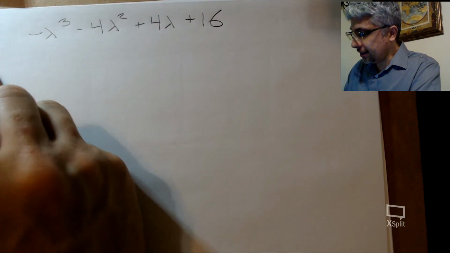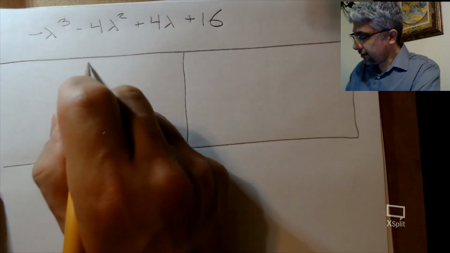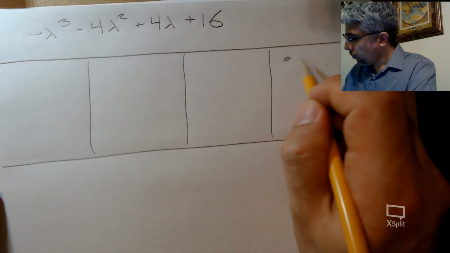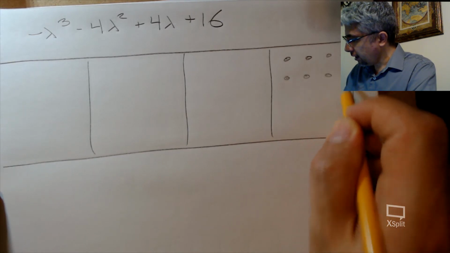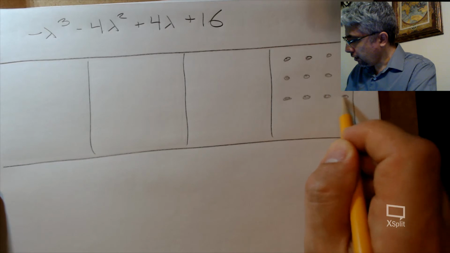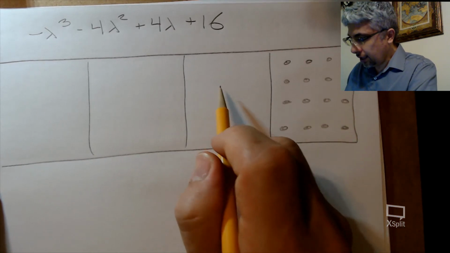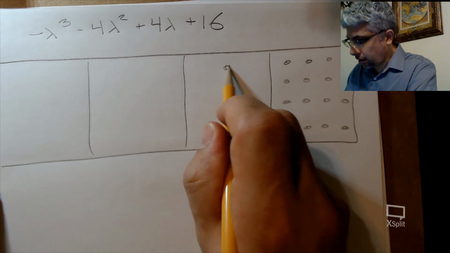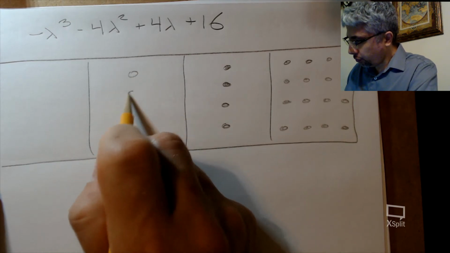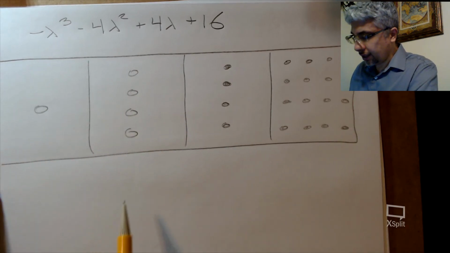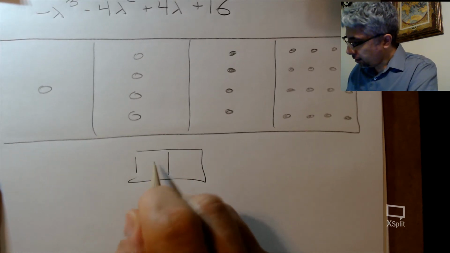I don't know, drawing 16 dots does take a bit of time, but let's see if we have time to finish this. 1, 2, 3, 4, 5, 6, 7, 8, 9, 10, 11, 12, 13, 14, 15, 16, and I have 4 of these dark dots here, and then I have 4 light dots, and then I have 1 light dot here, and let's take out this.